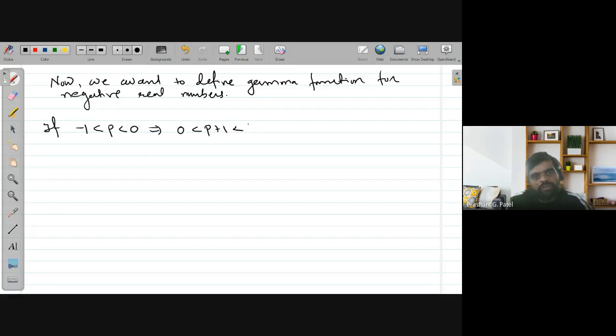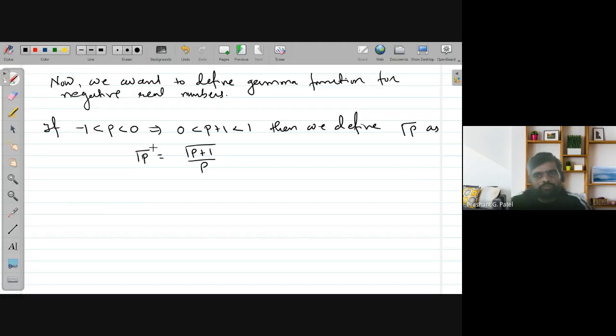Then we define gamma p as gamma p plus 1 upon p, because in that case p will be defined for negative values, between minus 1 and 0.